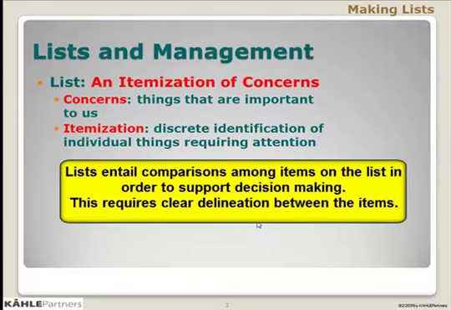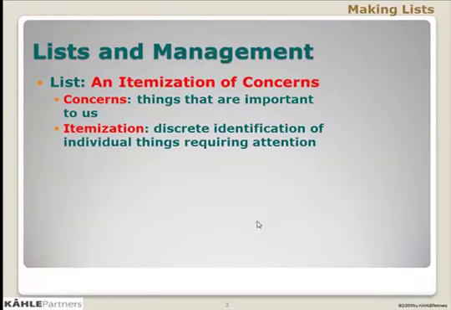This is because we're going to have to choose what on the list we're going to focus on at a given point in time and what we're not. If our concerns are this amorphous blob with no definition, then there is nothing for us to concentrate on. So you need to understand that lists are a structured series of concerns, not just a bunch of concerns.